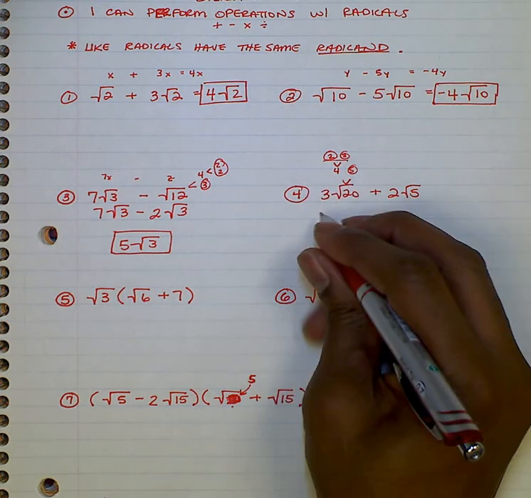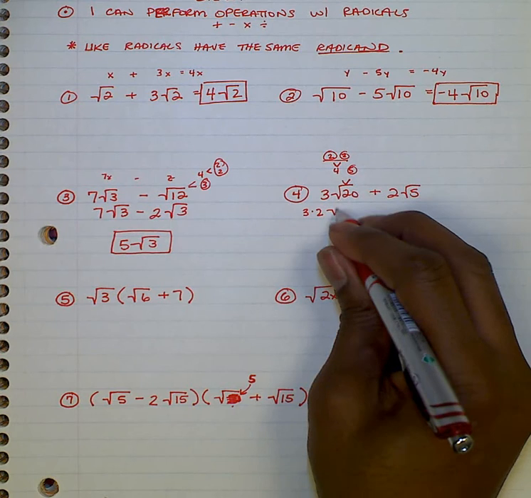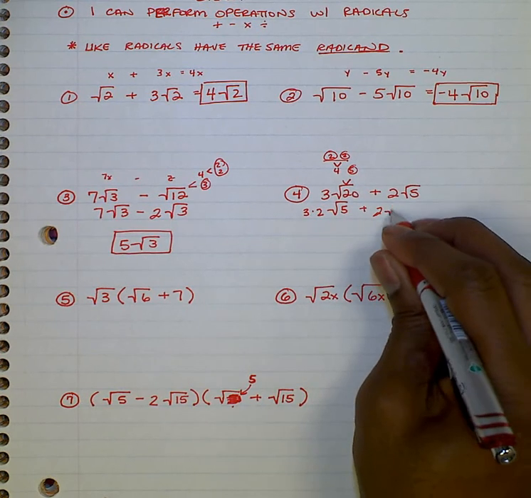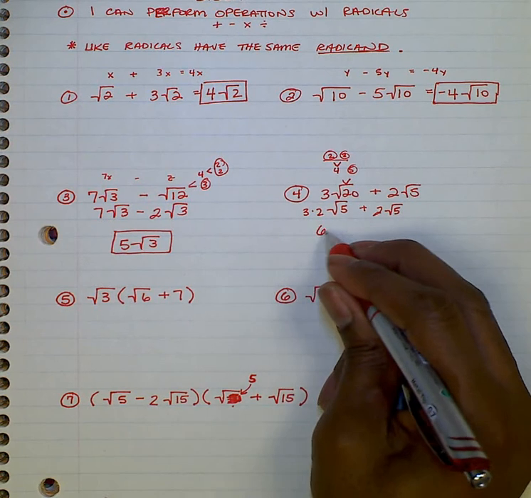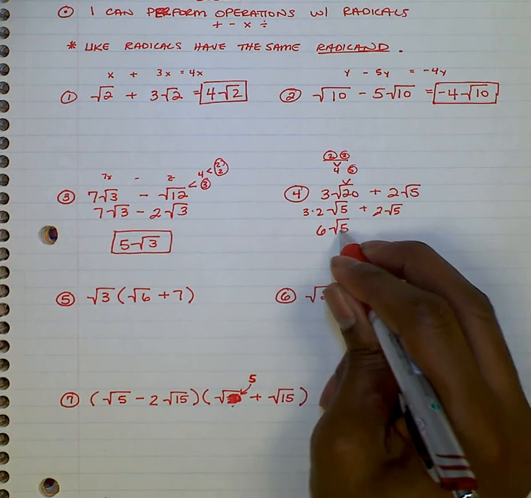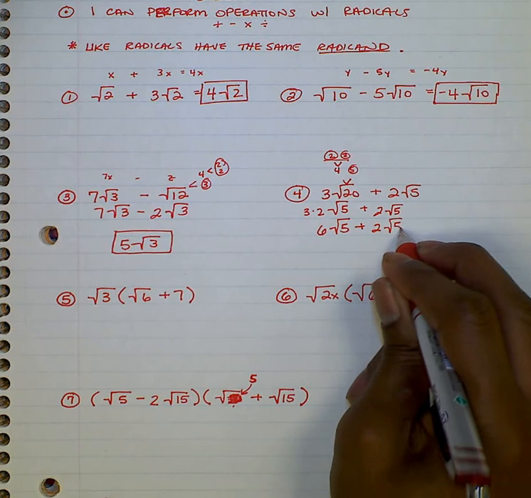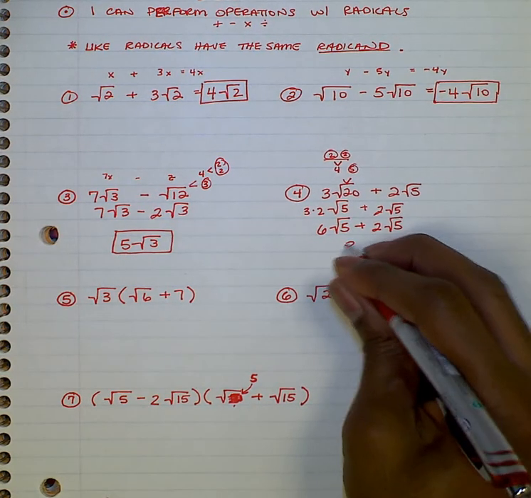That goes on the outside with my 3 that's already there. I have a 5 without a pair. Still have 2 radical 5. So 3 times 2 is 6. 6 radical 5 plus 2 radical 5. I have 6 plus 2, 8 radical 5's.